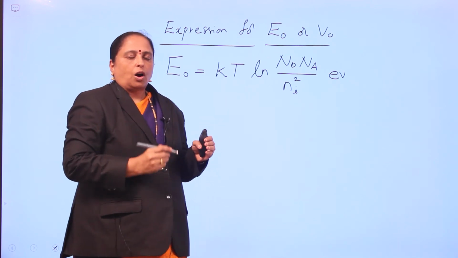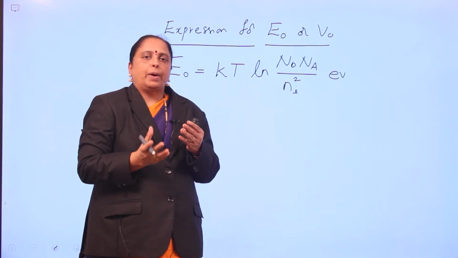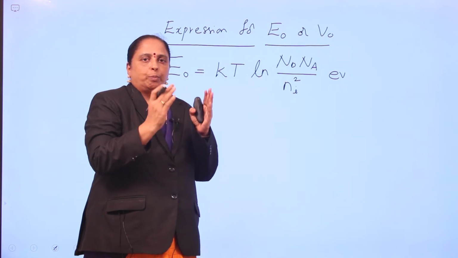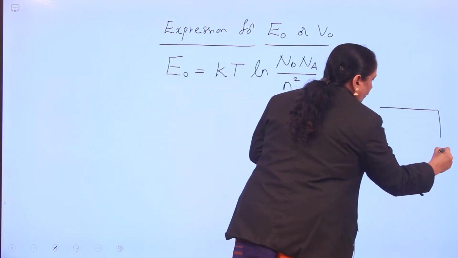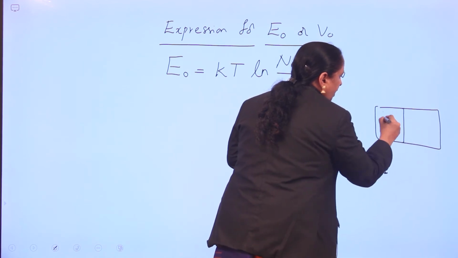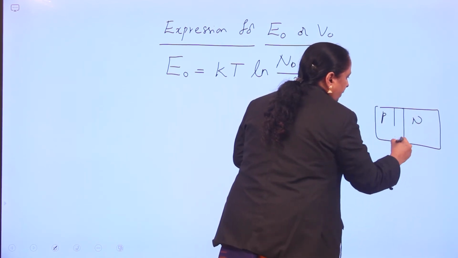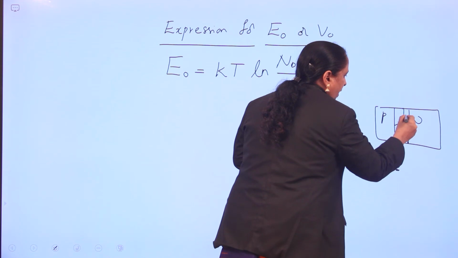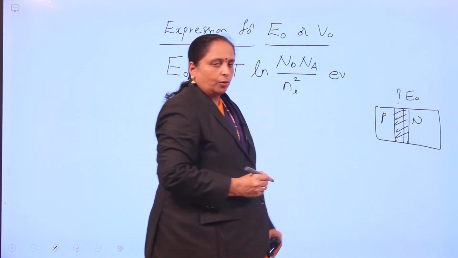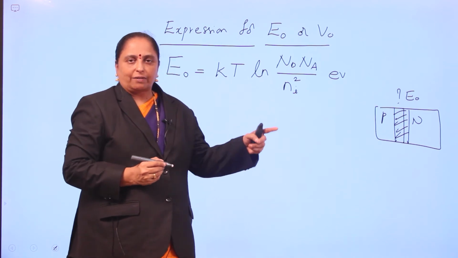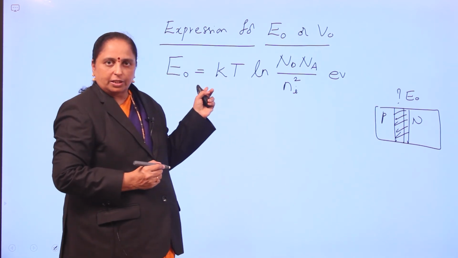That is how much barrier is developed between P and N material. So here we already found that there is a barrier between P and N type material, isn't it? So this is a barrier. How much the barrier energy is developed, that expression is this one.